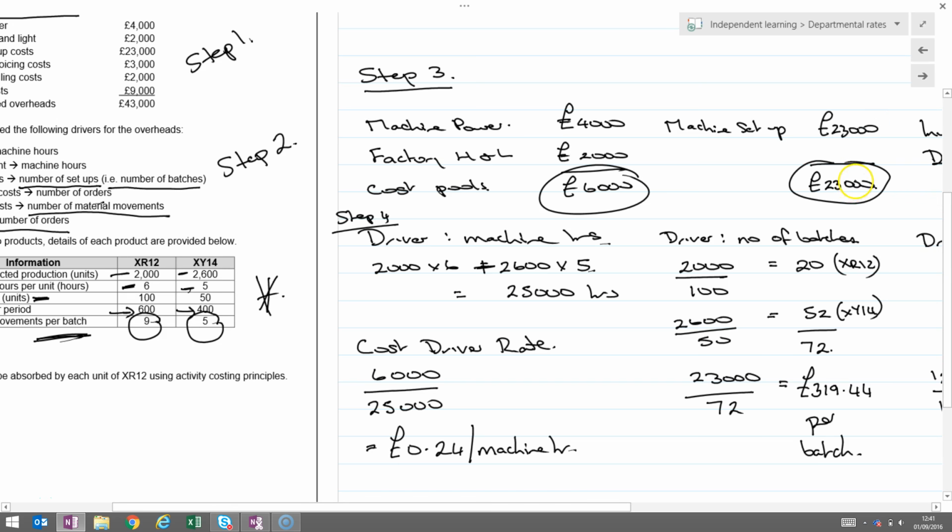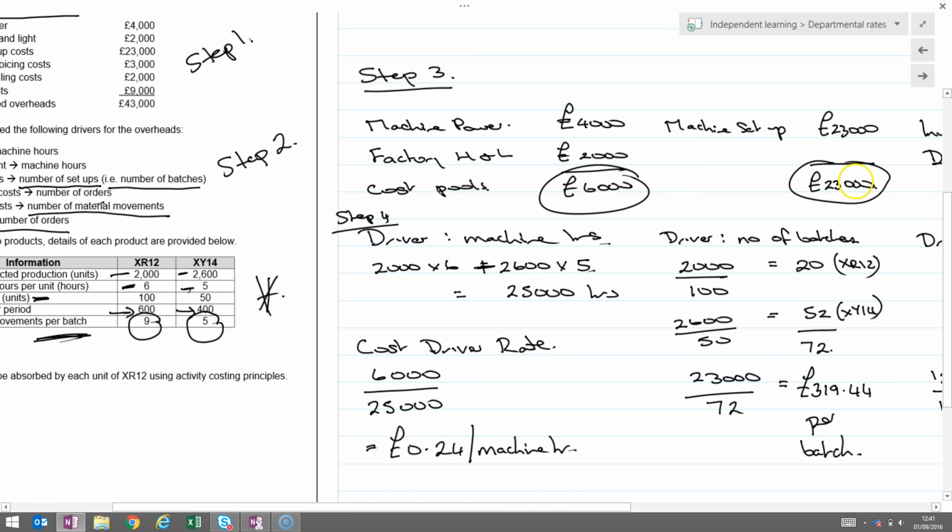So remember, I'm doing it for 2000 units initially. So we've got 0.24 per machine hour, and we need to know what the machine hours were for 2000 XR12s.